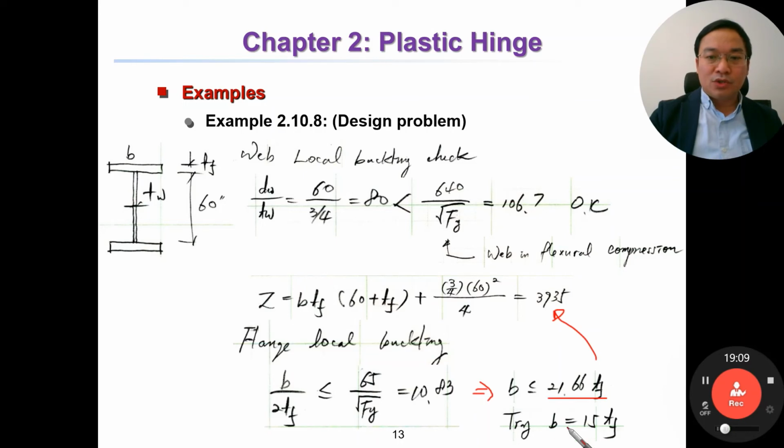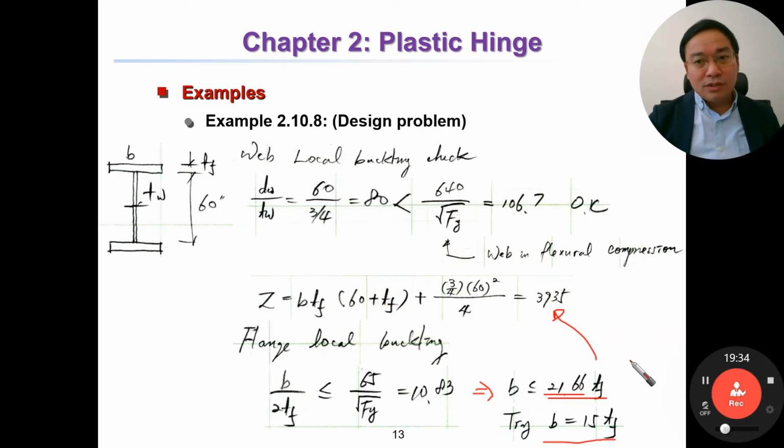Then we try B equal to, you can try every value, 20 or 18 something. It's all fine as long as B is smaller than 21.66 TF. But if it's too small a value, it's not good.